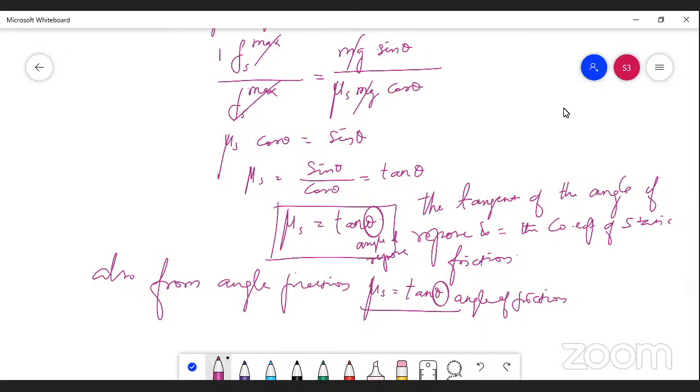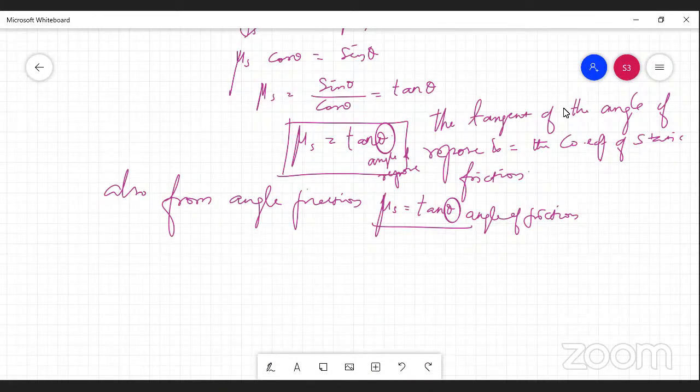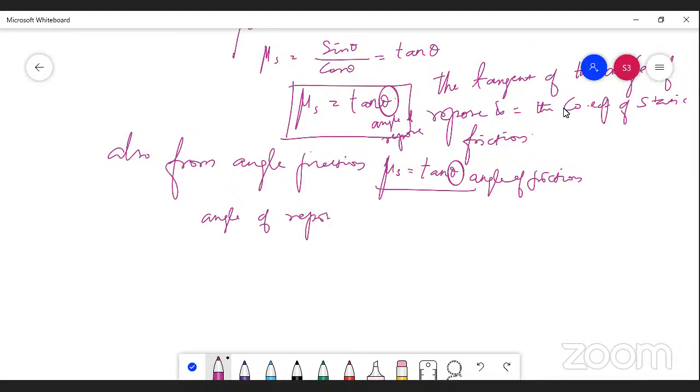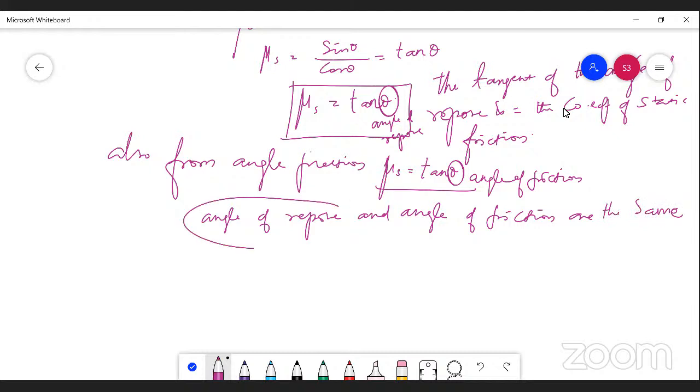Angle of repose and angle of friction are the same, but the difference is that angle of repose is used to explain the sliding movement of objects on an inclined surface.